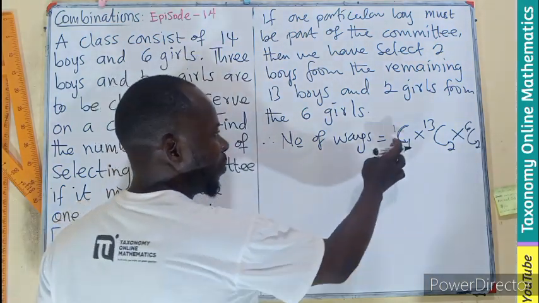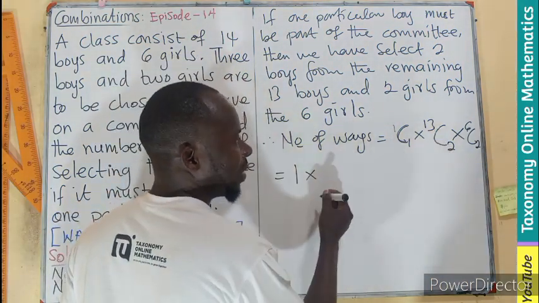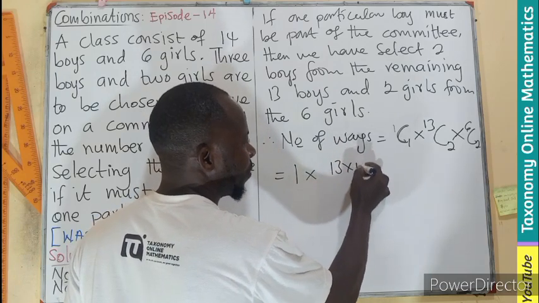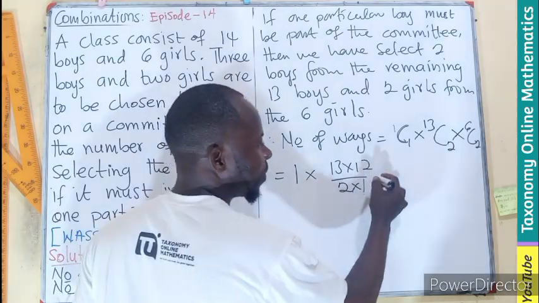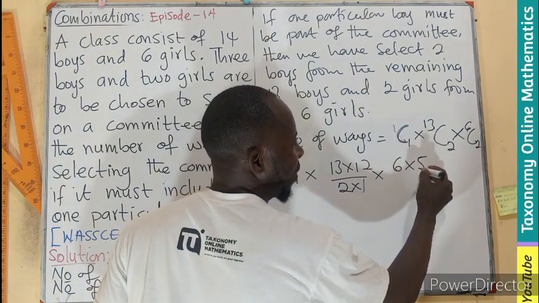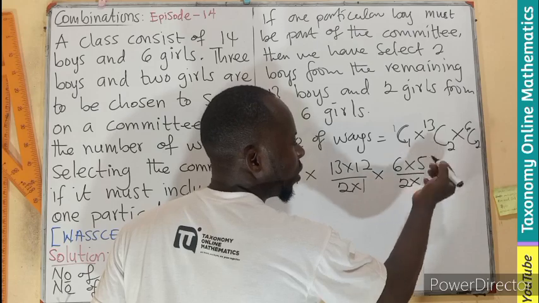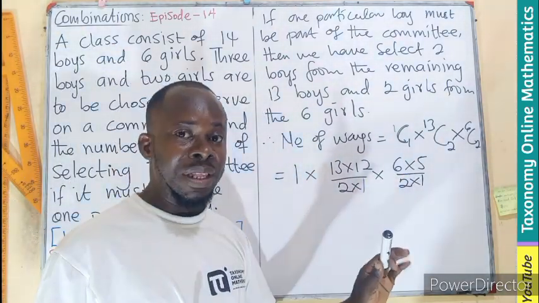So this represents 1 times, in this case, 13 times 12 divided by 2 factorial, which is 2 times 1, times 6 times 5 divided by 2 times 1, which are all in terms of factorial, I mean the denominators.